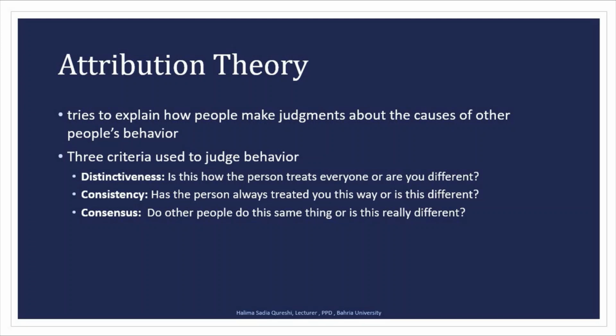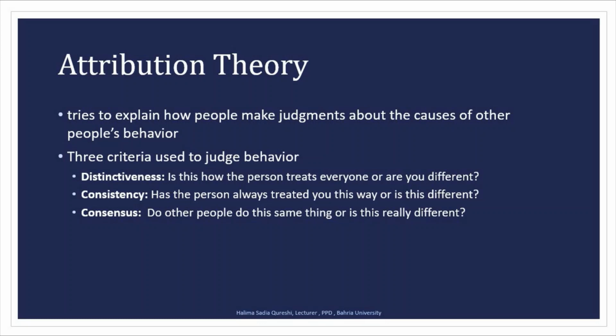The third and last one is consensus: do other people do the same thing, or is this really different? When we talk about consensus, it is about whether you agree that this is the right thing. When the class is going on, he might not have got the chance to wave, smile or greet you.